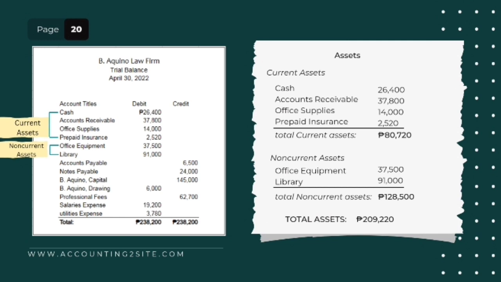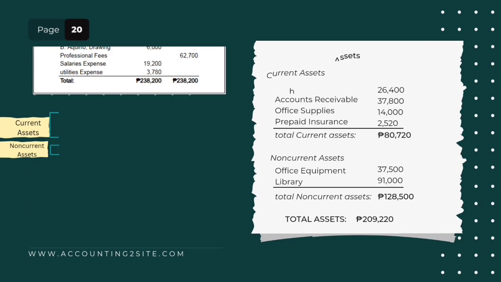And we will add the office equipment of 37,500 and the library, which is the amount of 91,000, and the total non-current asset is 128,500. We will add the total current assets and the total non-current assets, which is the amount of 80,720 pesos plus 128,500 pesos is equal to 209,220 of the total assets of B. Aquino Law Firm.